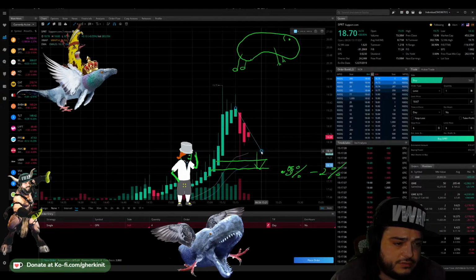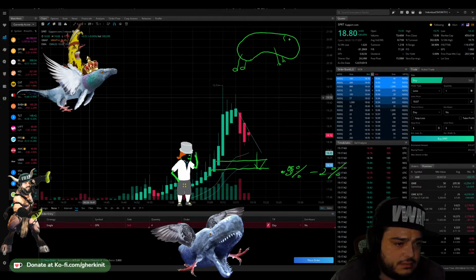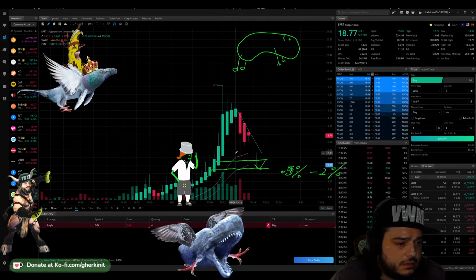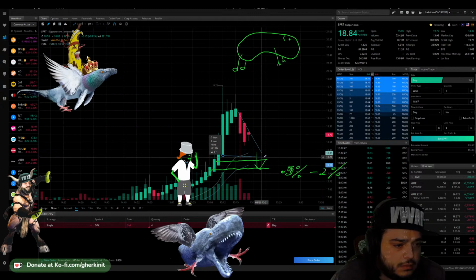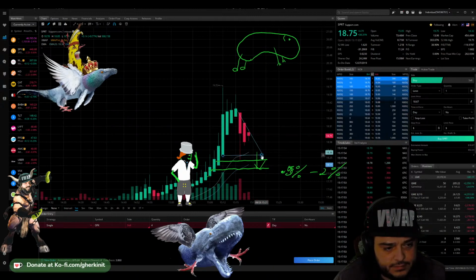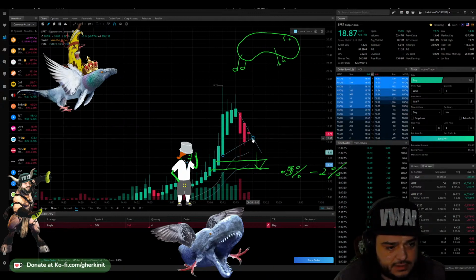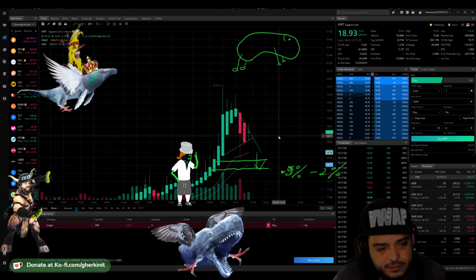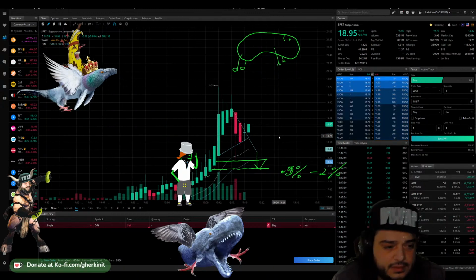We can go straight down. This could technically go up, I guess. Right there, so that's your breakout point. So it broke out to the upside.